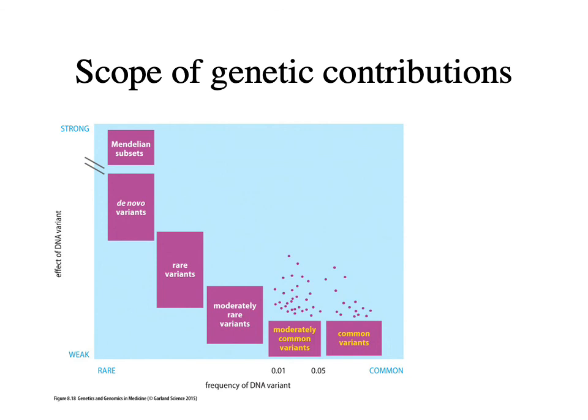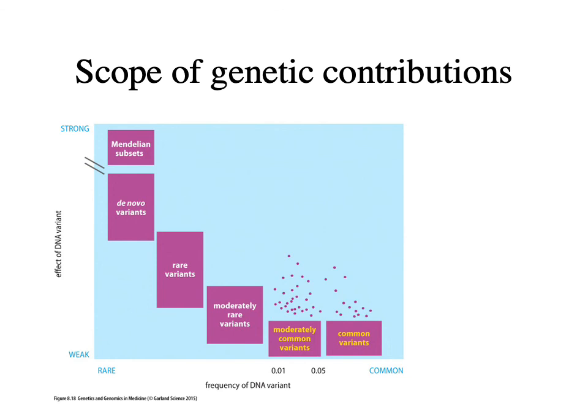This figure gives a cartoon schematic demonstration of how different classes of DNA variants can contribute to complex disease. Common and moderately common DNA variants have reached high to moderate frequencies in the population because each originated by mutation a long time ago and has been passed down through very many generations to large numbers of descendants.